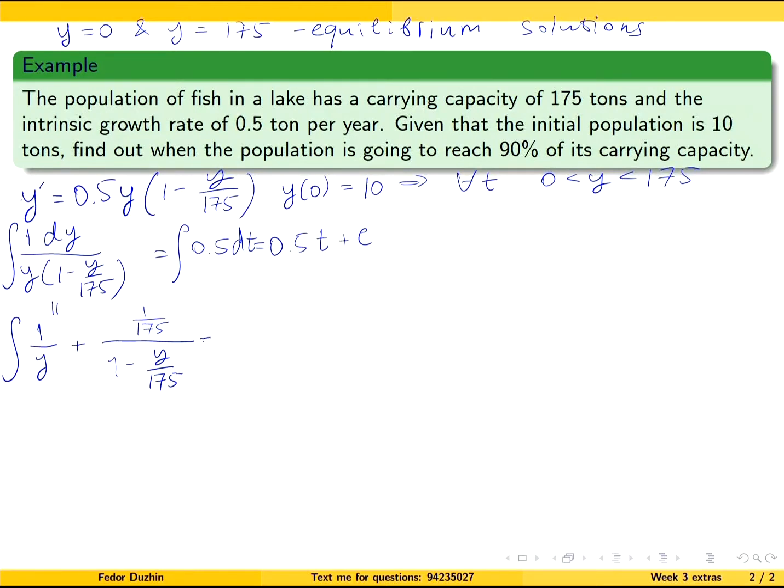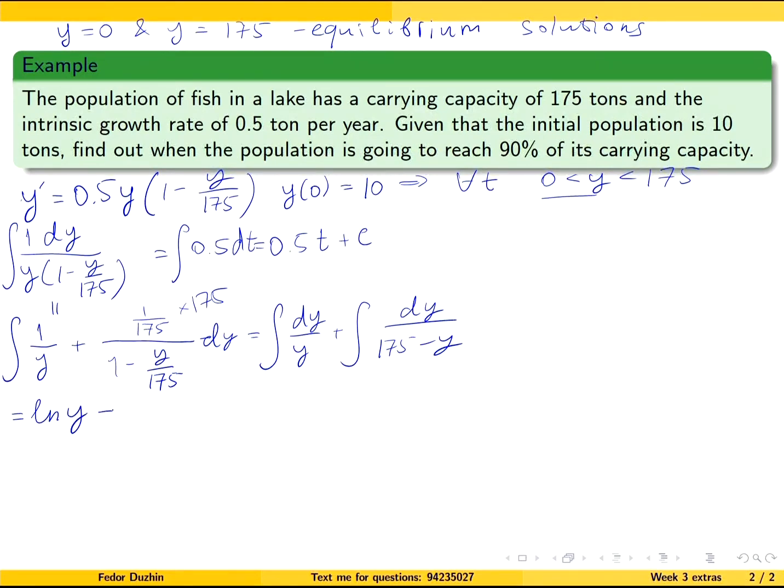So the integral of dy equals, let me rewrite it a little bit, the integral of dy over y plus the integral of dy over, I'm going to multiply by 175, so 175 minus y. Strictly speaking, the antiderivative of 1 over y is ln of absolute value of y, but since y is positive, I'm going to write just ln of y.